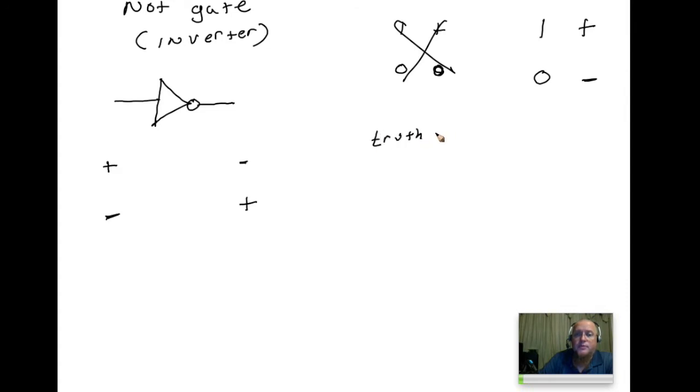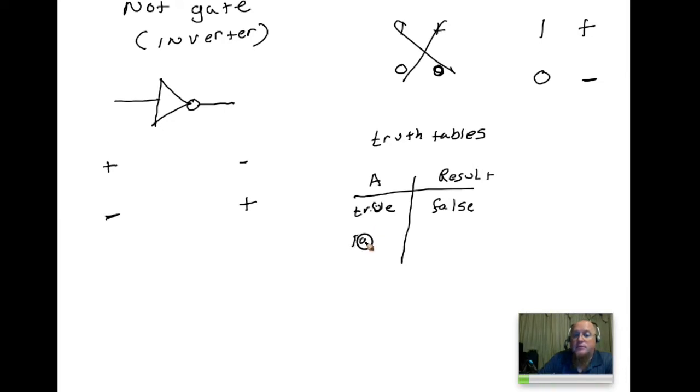The other concept that I want to cover is truth tables. Alright, truth tables. Basically, if I put a true on this side, I'm going to get a false on this side. So here's my result. And if I put a false on this side, I'm going to get a true on this side.